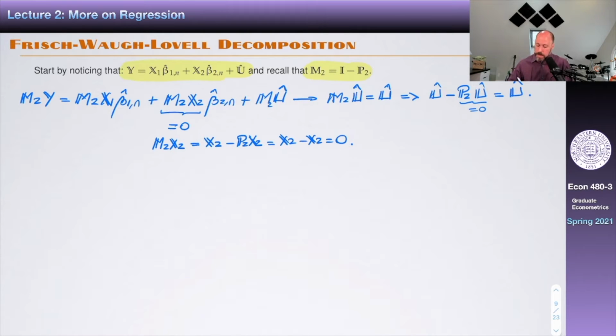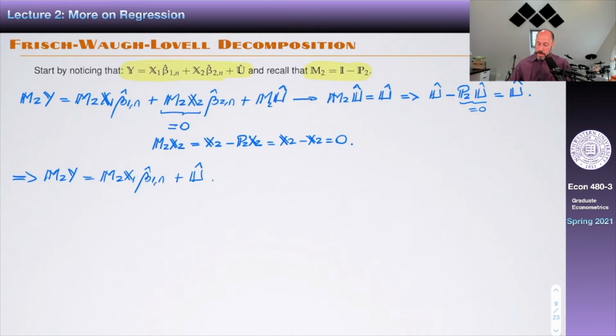So now this means that we can write, based on this, M2 y equals M2 x1 beta hat 1n plus U hat.